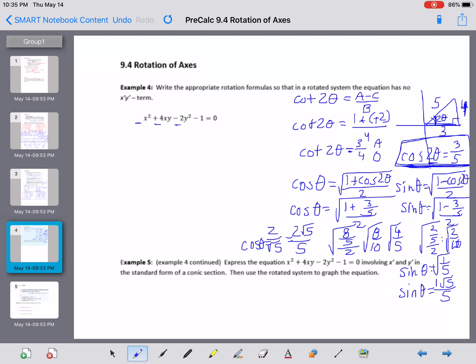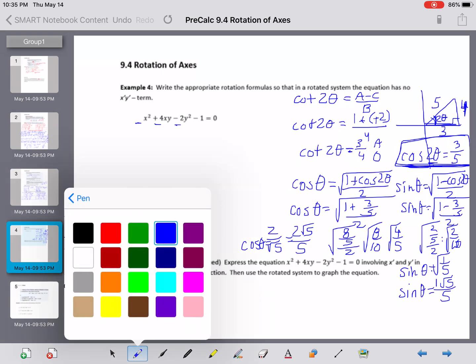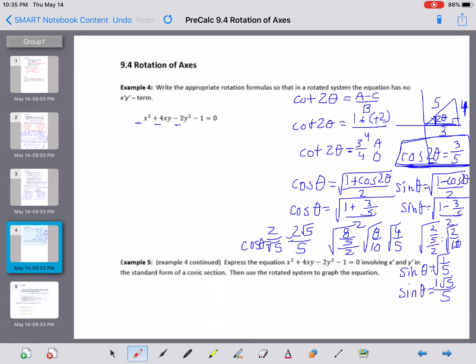Okay, now I needed to find my rotated x and my rotated y. So my x is going to be x prime cosine theta minus y prime sine of theta, right? That's my formula. And so now I can plug in these beautiful values.